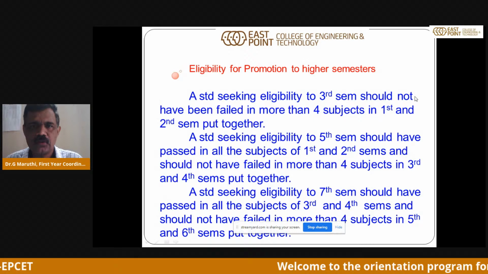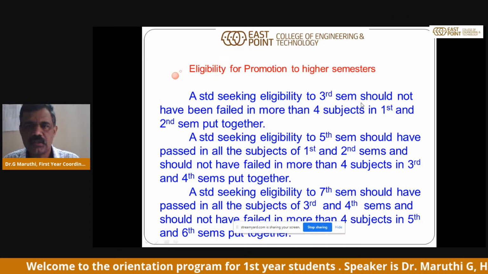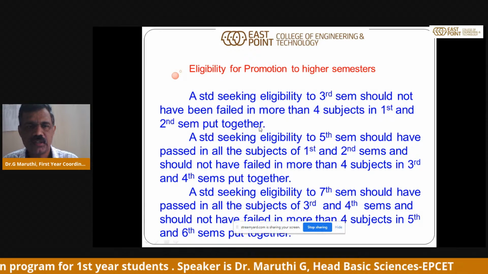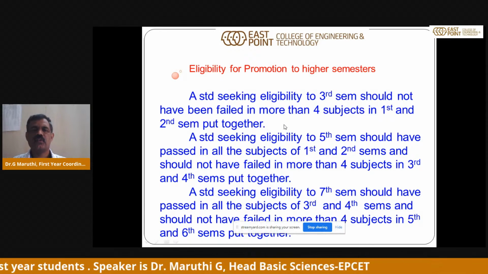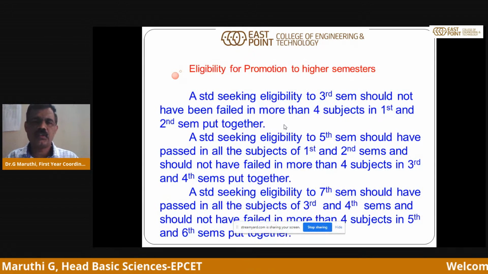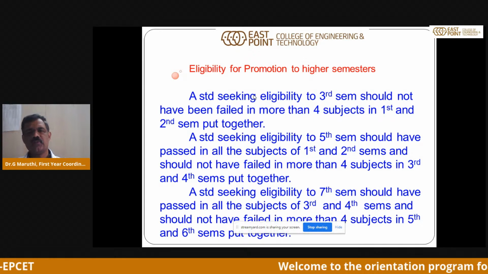Eligibility for promotion to higher semesters. A student seeking eligibility to the 3rd semester should not have failed in more than 4 subjects in the 1st and 2nd semester put together. You will have 8 subjects in the 1st semester and another 8 subjects in the 2nd semester.